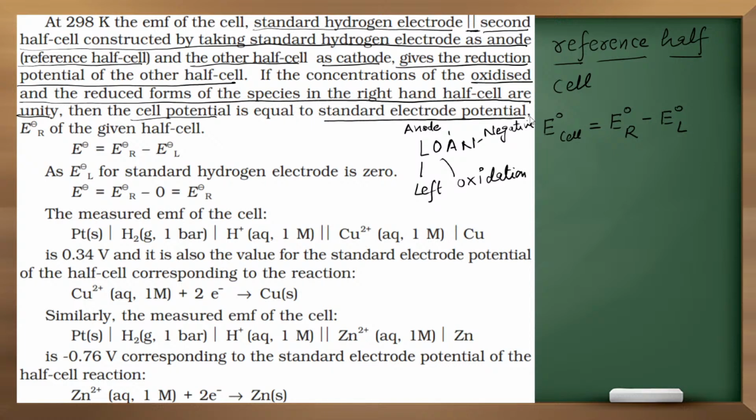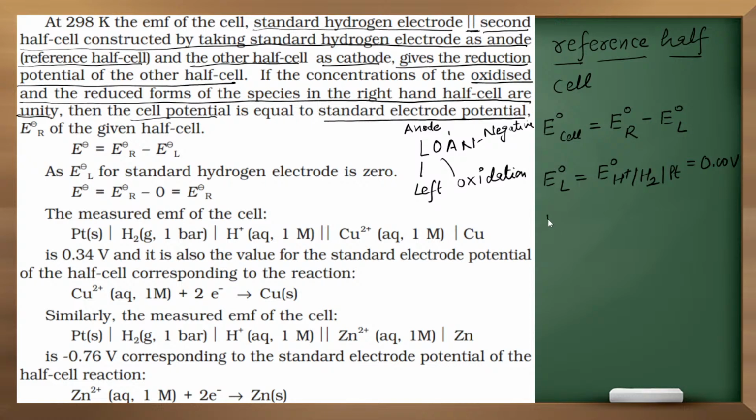Okay, so E naught L for the standard hydrogen electrode, that is E naught H plus H2 Pt, is equal to 0, right?